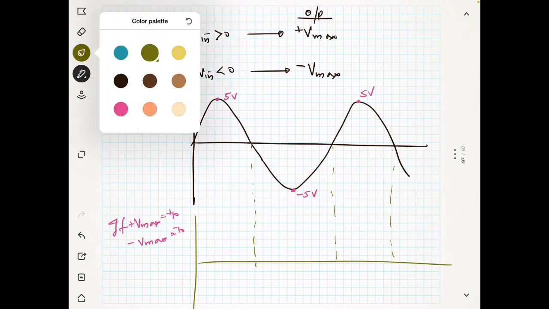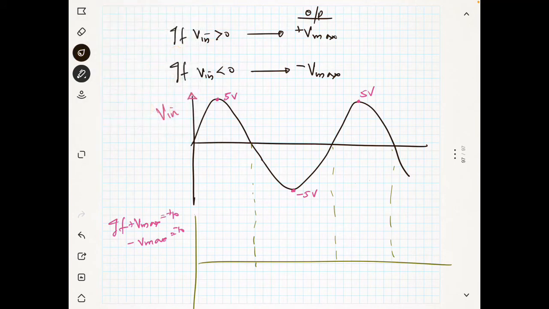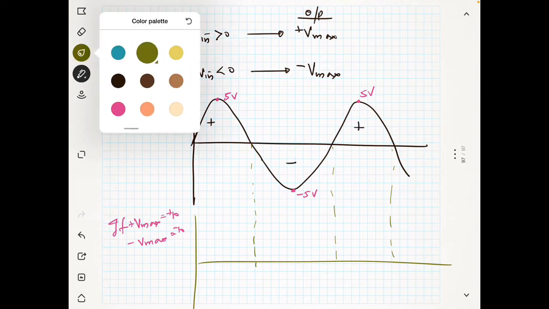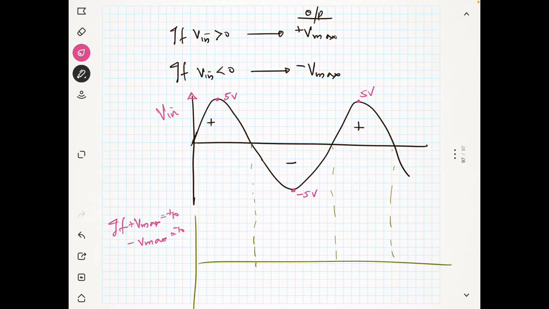When the input is positive, my output will be plus V max, for example equal to 10 volt. When the input is negative, my output will be negative, minus 10 volt.